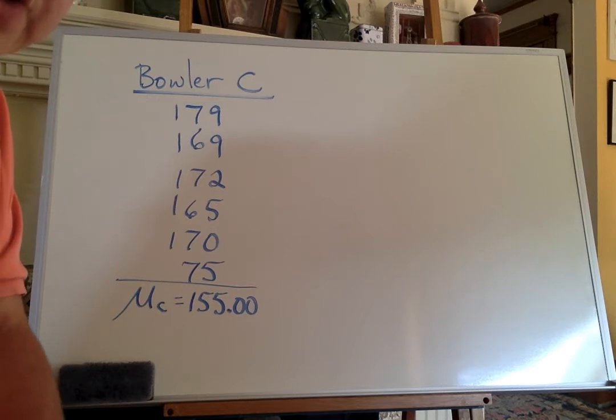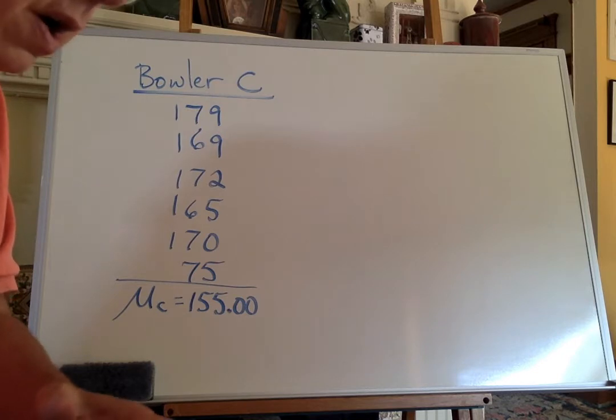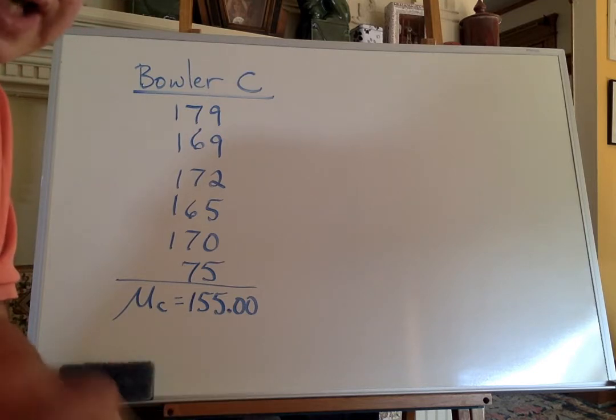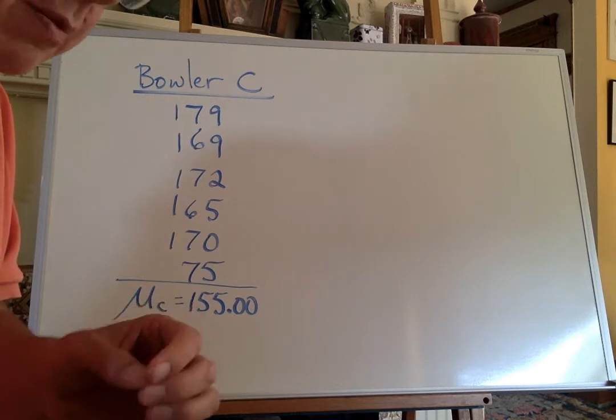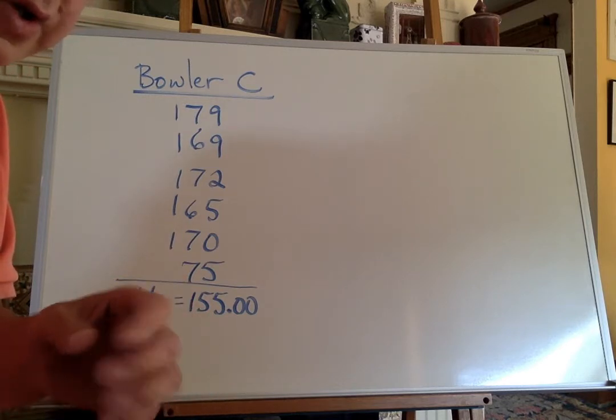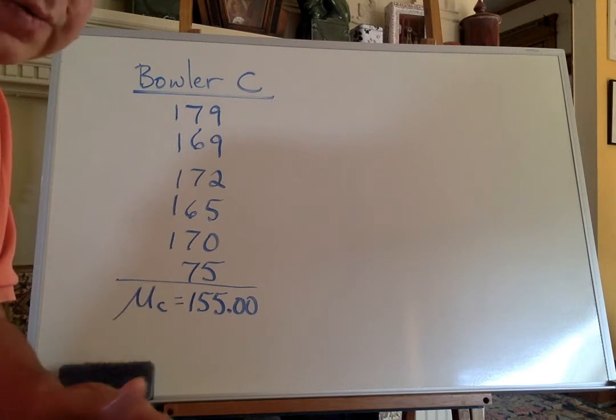Okay, so I'm going to let you once again calculate the sum of squares and calculate the standard deviation for bowler C, and I'm going to have you stop the video to do that. Stop the video now.